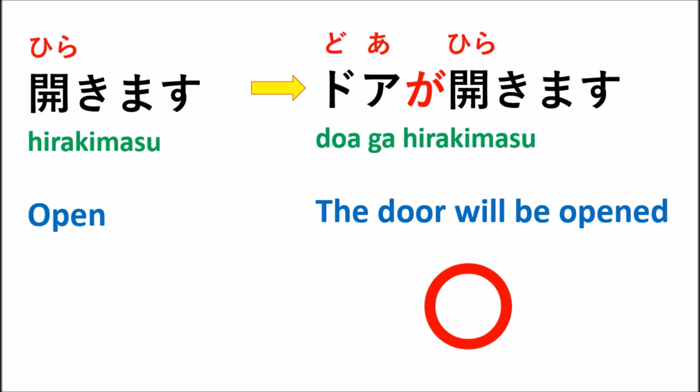In this case, we want to create a sentence like door ga hirakimasu. Door ga hirakimasu means the door will open. You can also use door ga akimasu. It has the same meaning.